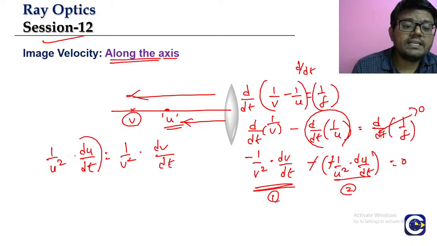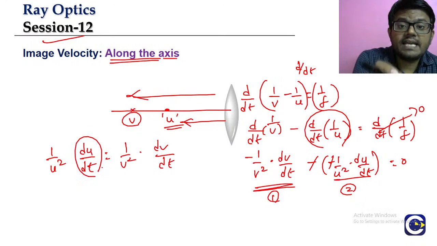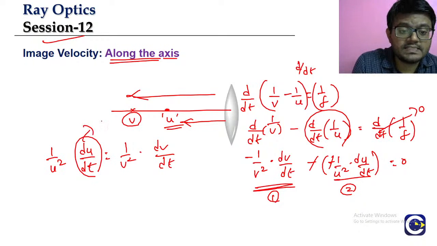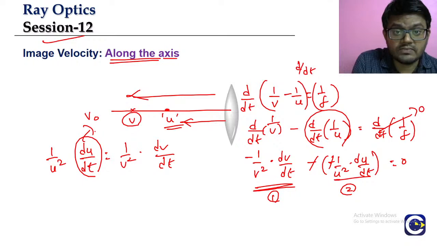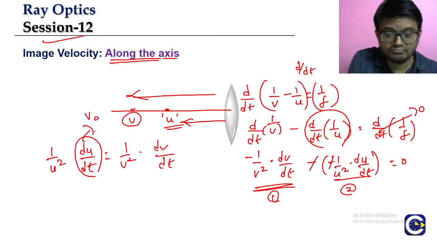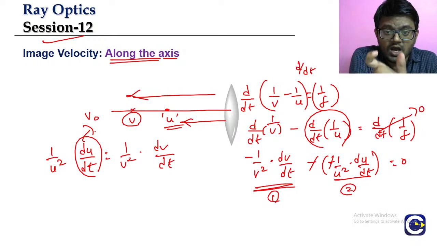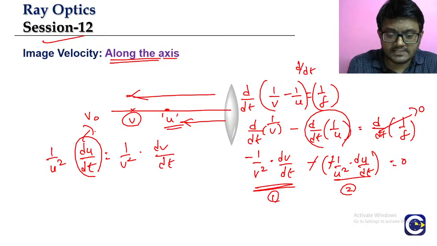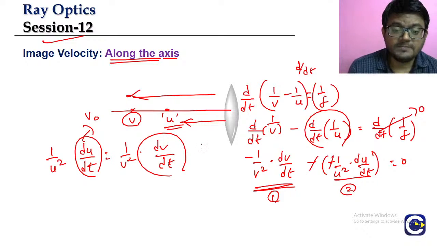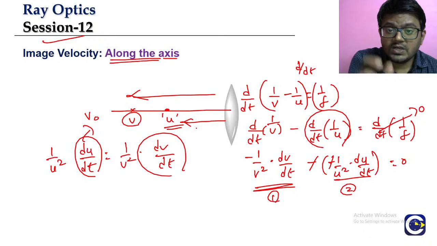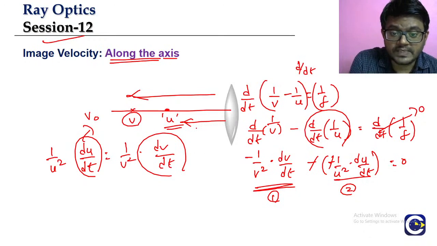What does dU by dt mean? The rate at which the position of the object is changing. We can call it the object velocity, which is along the axis. Similarly, dV by dt is the rate at which the position of the image is changing with respect to time.